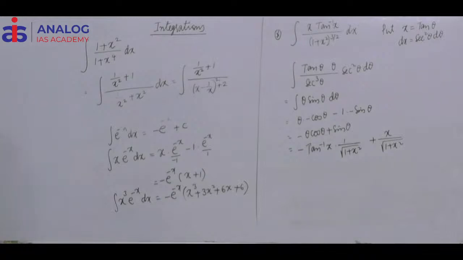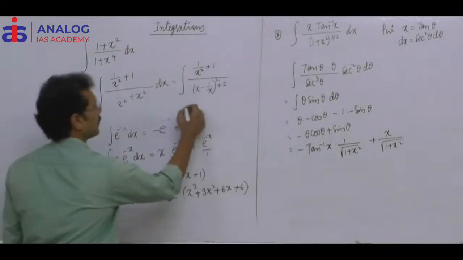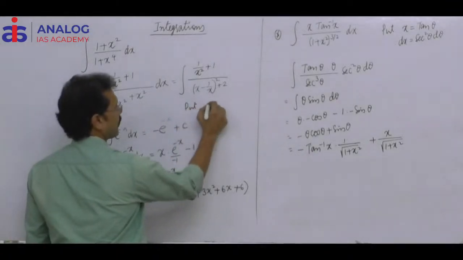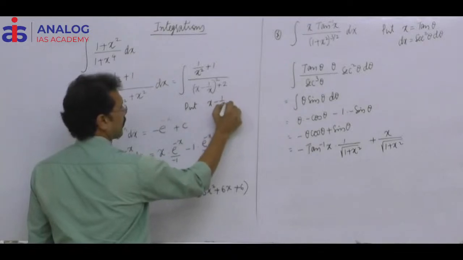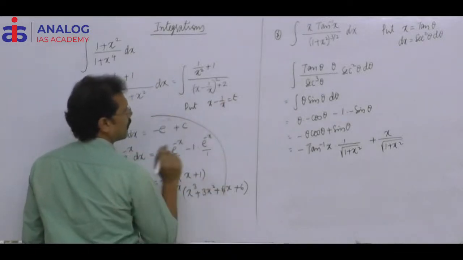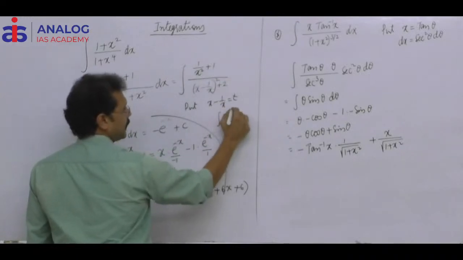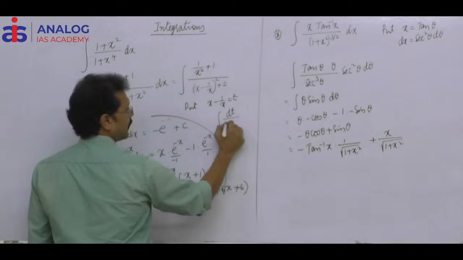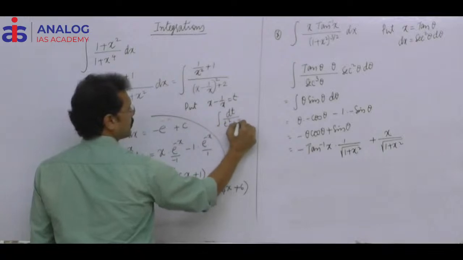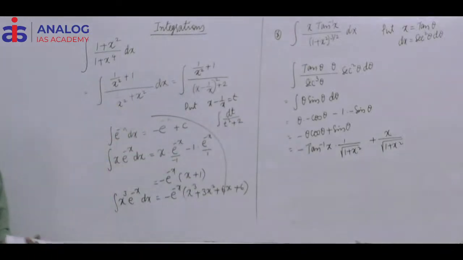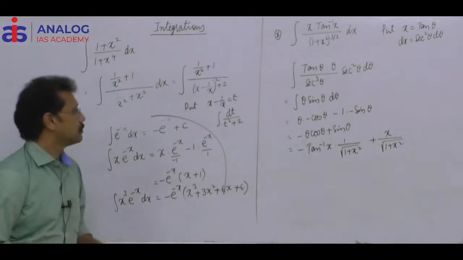Now put x minus 1 by x equal to t. This gives me numerator dt by t square plus 2. Is that okay?